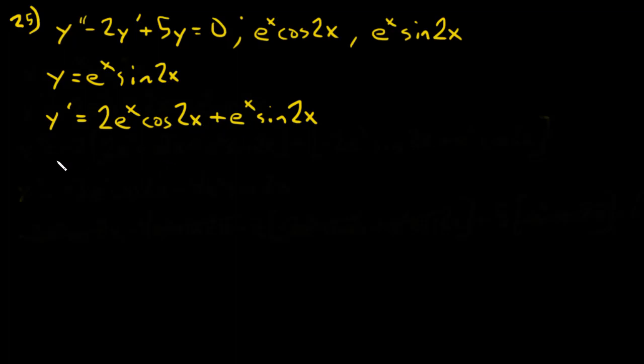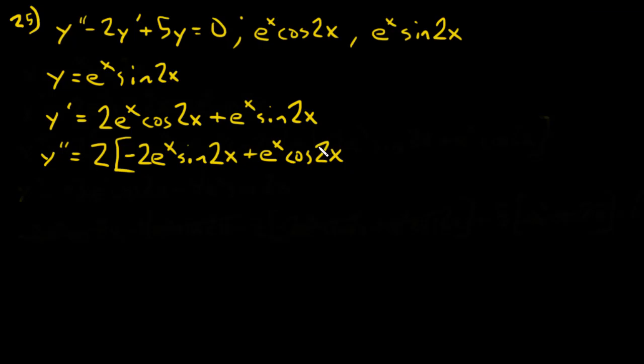Now I need to find y double prime. So y double prime is going to be 2 times, well, I've got first times derivative of the second, so this is going to be negative 2 e to the x sine 2x plus the second times derivative of the first, which is just e to the x cosine 2x.